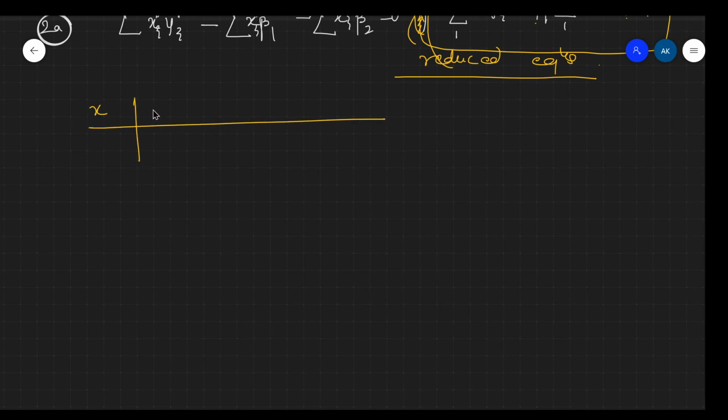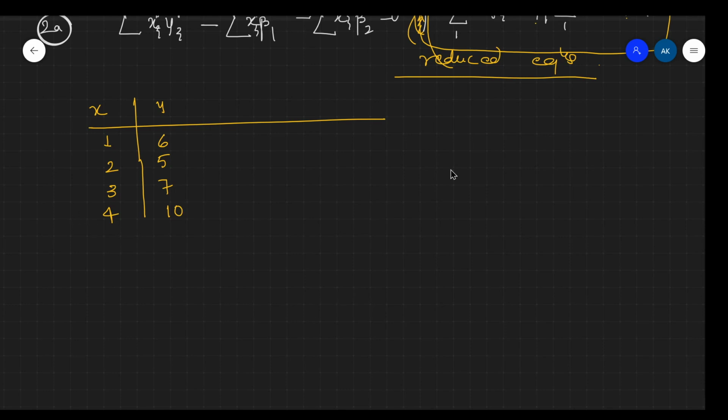When x was 1, our y was 6. When x was 2, y was 5. When x was 3, our y was 7. And when x was 4, our y was 10. And you were asked to construct a line using this data.